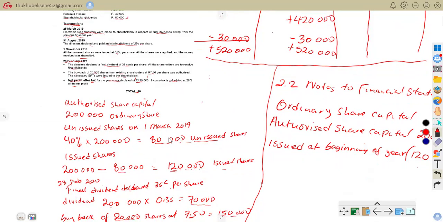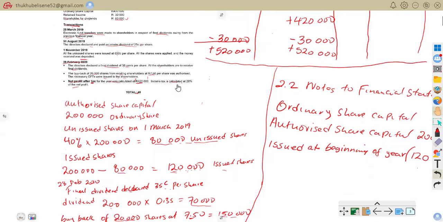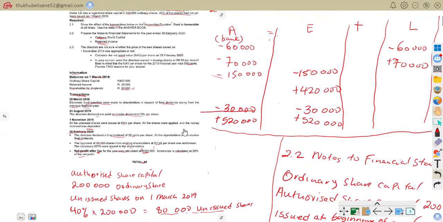Remember, our unissued shares were 80,000. So we subtracted unissued from the ordinary share capital to get this 120,000 of issued shares. I just wanted to remind you so that you're not surprised where this 120 comes from.